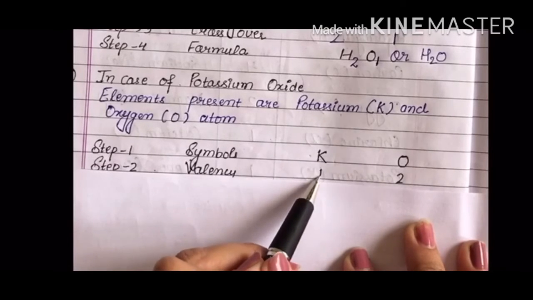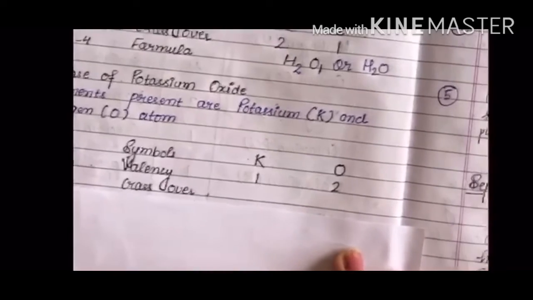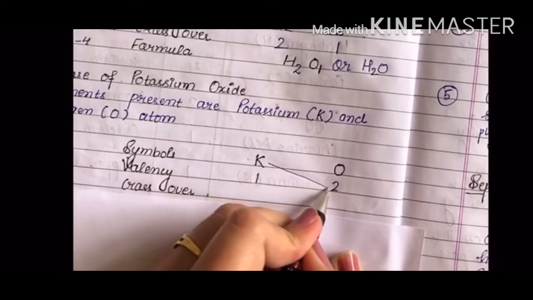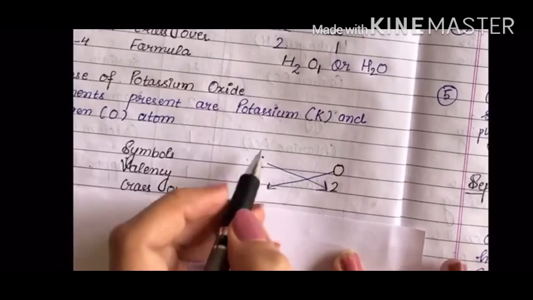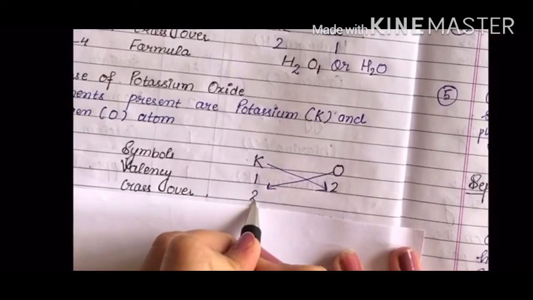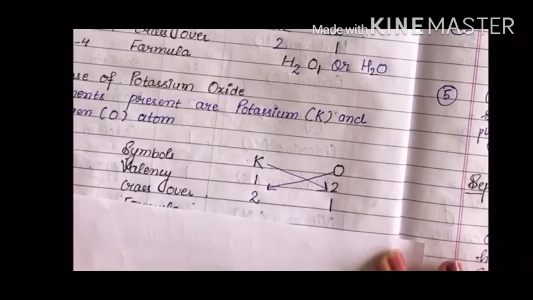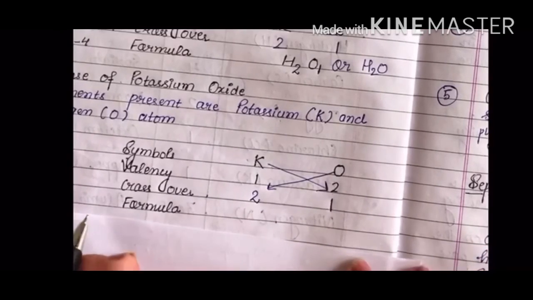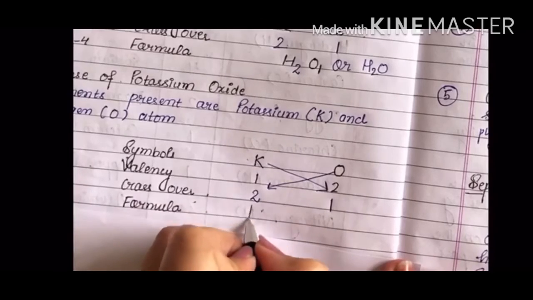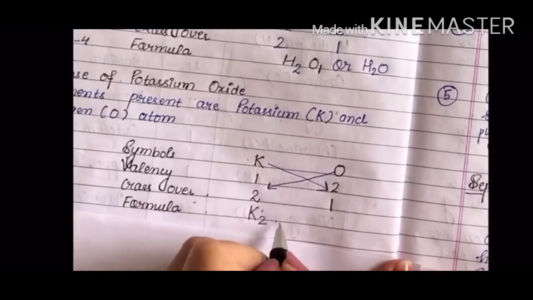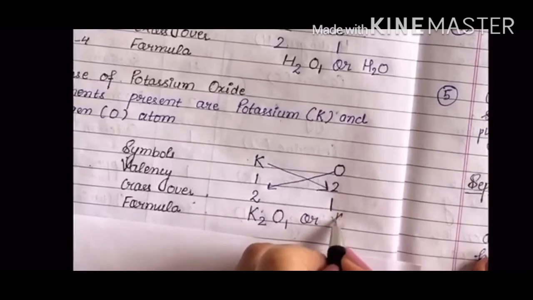Potassium's valency is 1 and oxygen's valency is 2. Then the third step is crossover. We have to cross over them, K2 and O1. Then we write down 2 under K and 1 under O. Okay. So what will be the formula of this? K2O1. You have to skip 1, so K2O.